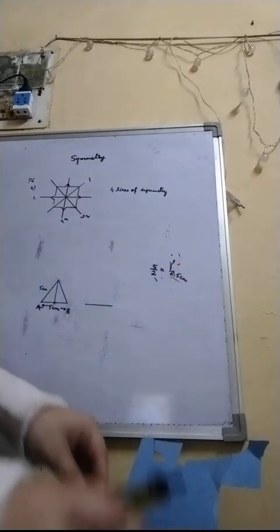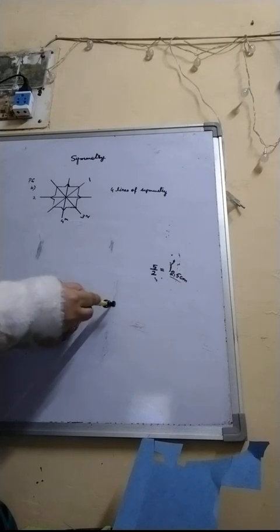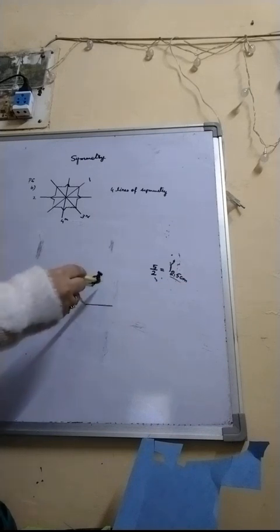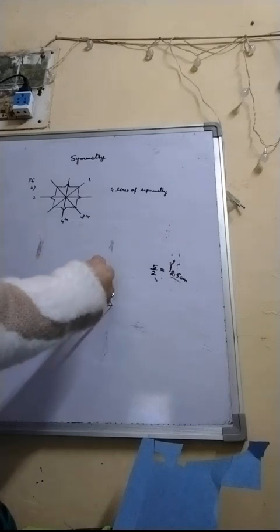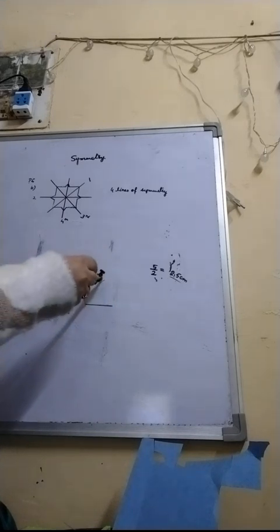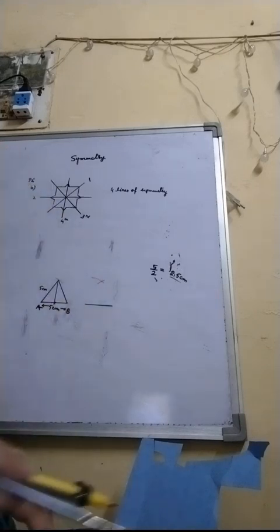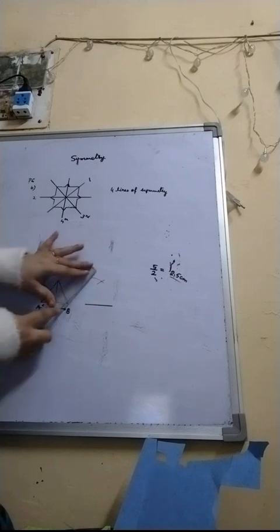But for this, you open the compass 5 centimeter and draw an arc over here. Similarly, you draw another arc which cuts the previous arc. So this is a triangle with equal sides. This is another method. So it's your choice, whatever method you use.